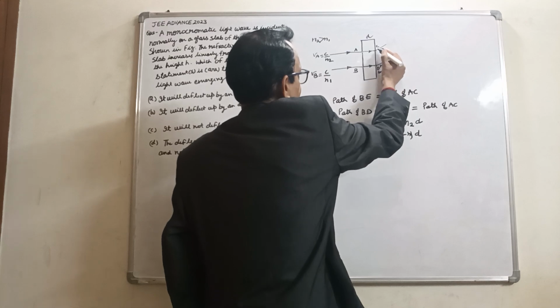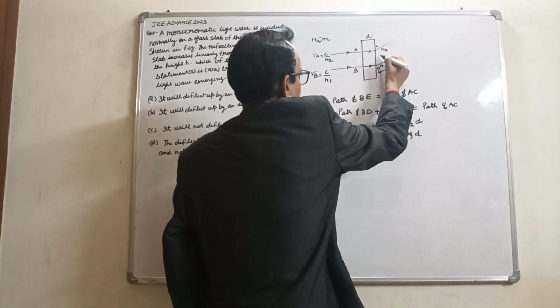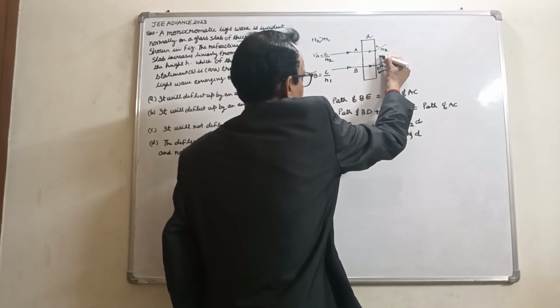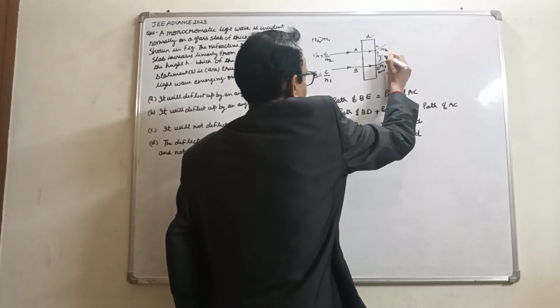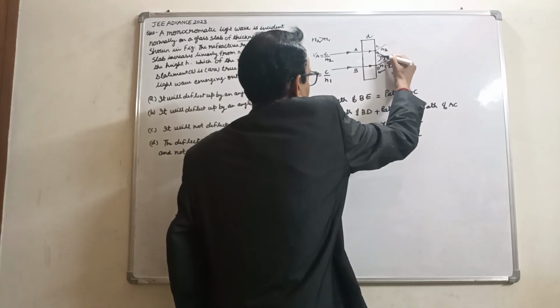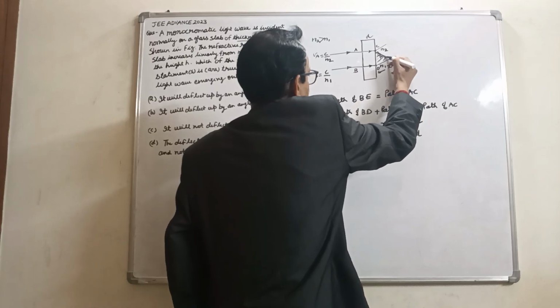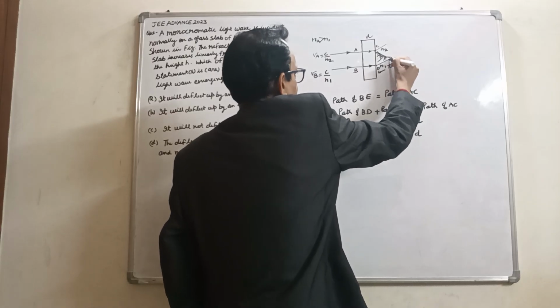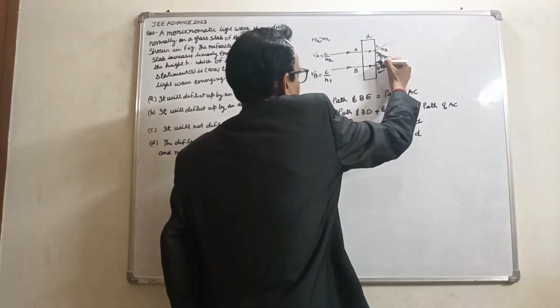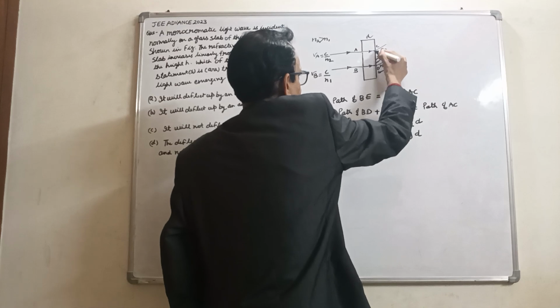And this is also a ray. So for this ray the wavefront is here, and making a tangent here, this is the tangent on the wavefronts. This wavefront has a large radius, this has less radius, and this has zero radius here.